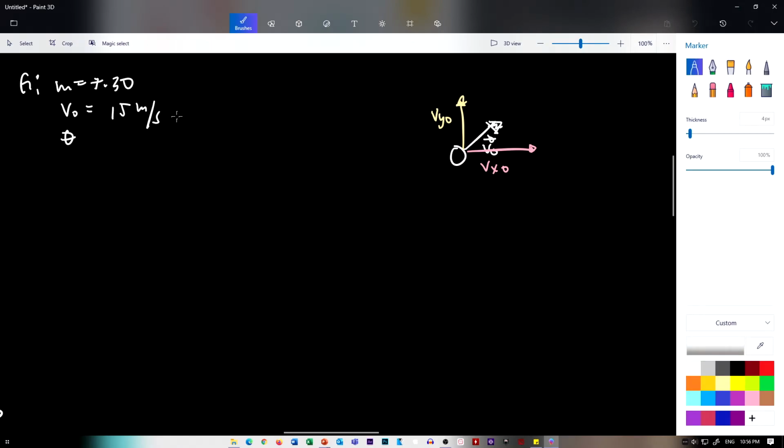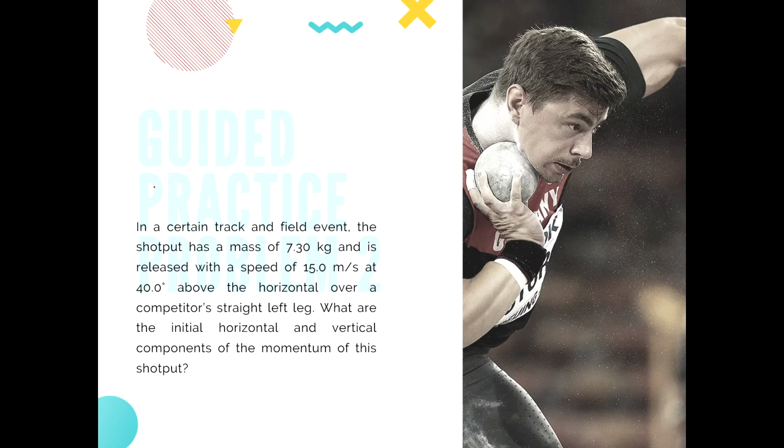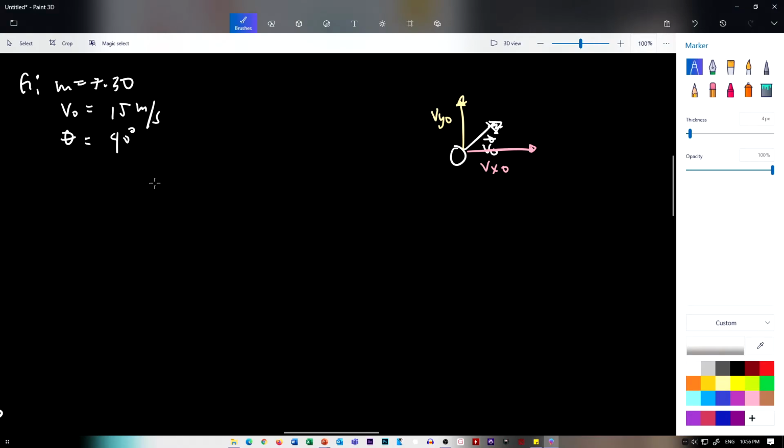Then we have an angle of 40 degrees, right? Then we're asked for momentum, so I would write it in this way instead: m v sub x sub 0 and then m v sub y sub 0. So that's basically still momentum, right?